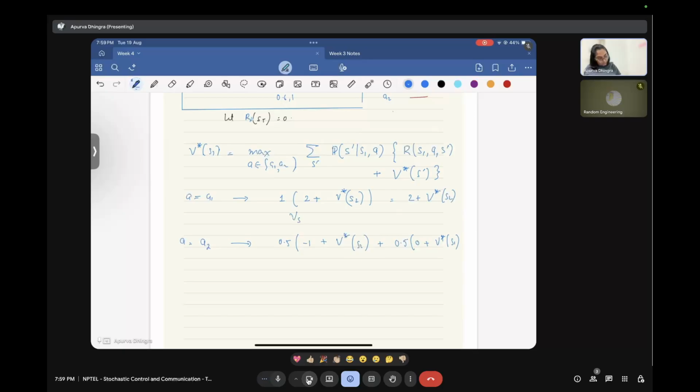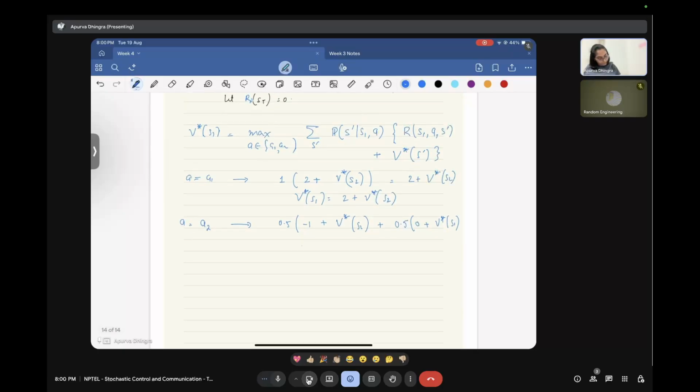This is here it's a minus half, here there's nothing.